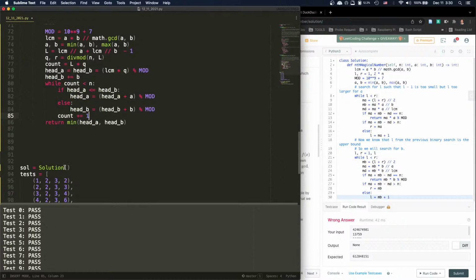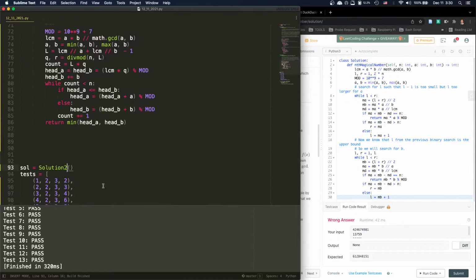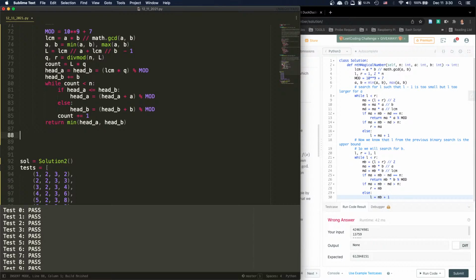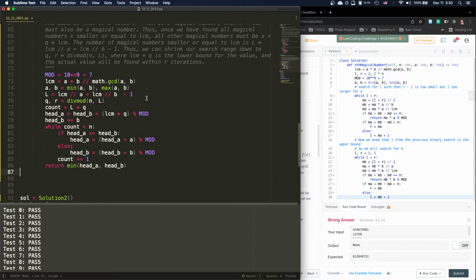Let's try it. I'm not confident, but it does pass. Okay. Yeah, I think this is the key step here.